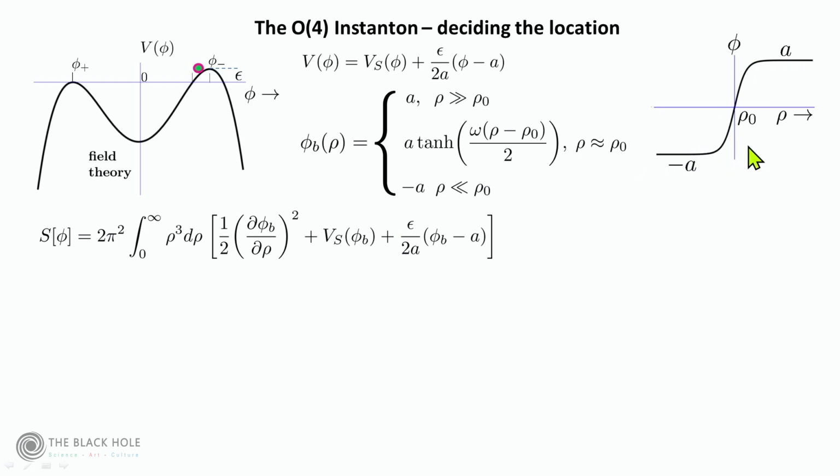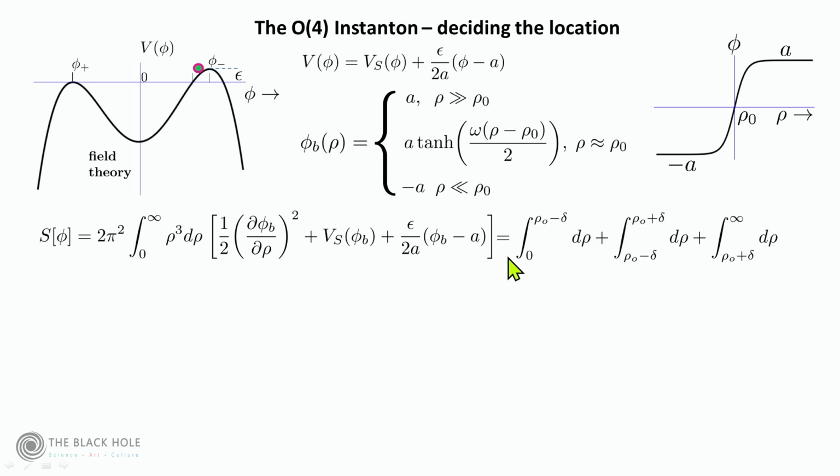And what it is over here doesn't really matter, because here we have a huge volume of space to integrate over, and similarly over here. Whereas from here to here is very, very thin. Remember that the boundary of the instanton is very, very thin. So it's like the bubble in the superheated water. The wall is very, very thin. So the thinness of that wall is the thinness of this instanton here.